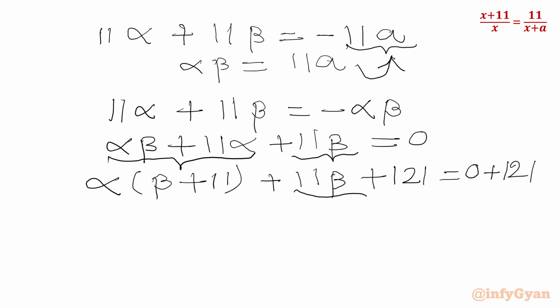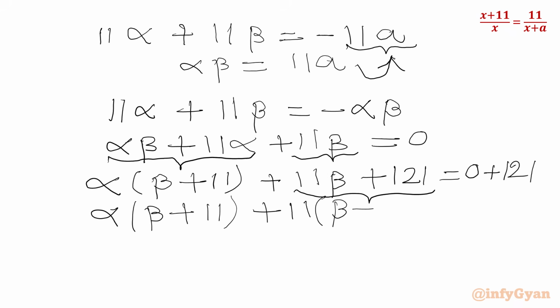Now we can take 11 common from these two terms. So alpha times beta plus 11 plus 11 is common. We will get beta plus 11 once again. And in RHS 0 plus 121, 121. Now beta plus 11 is common.